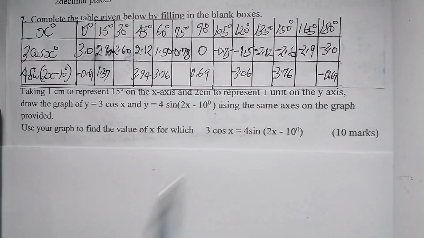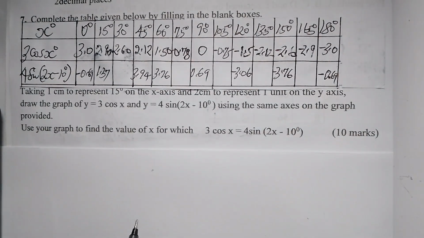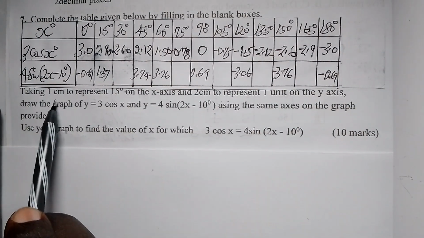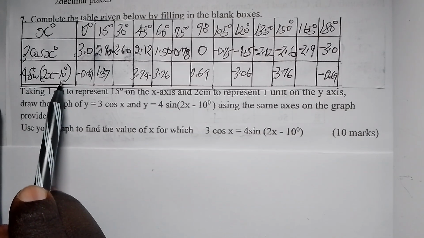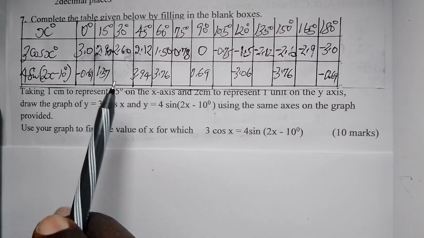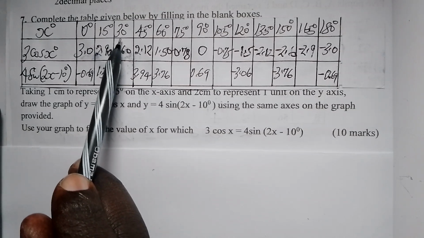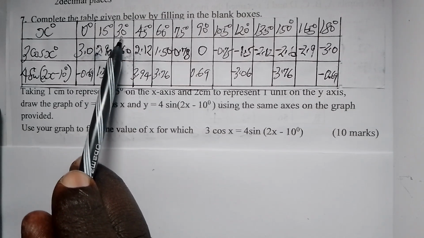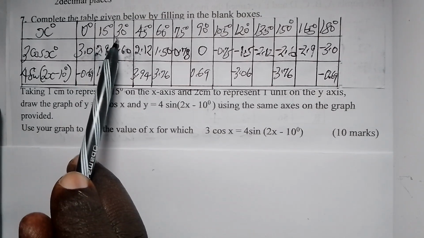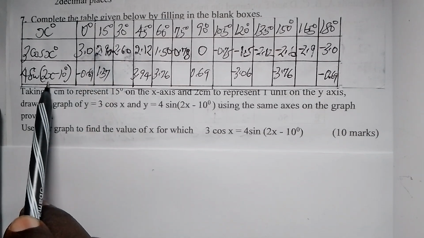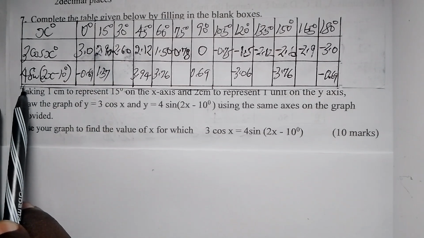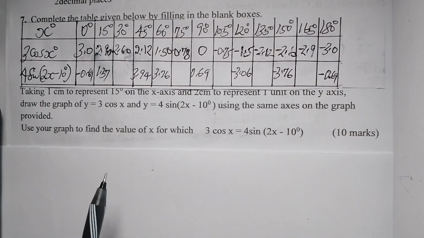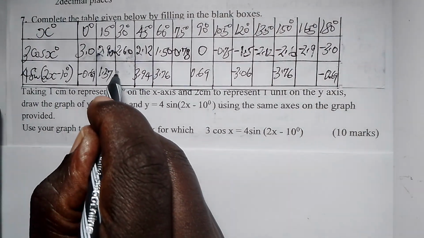And then the last value is given. Let's go to the second function, 4 sine 2x minus 10. So 2x means 2 multiplied by the value of x, minus 10. So this is 30 times 2 gives you 60, minus 10, 50. So 4 times the sine of 50, that gives you 3.06.